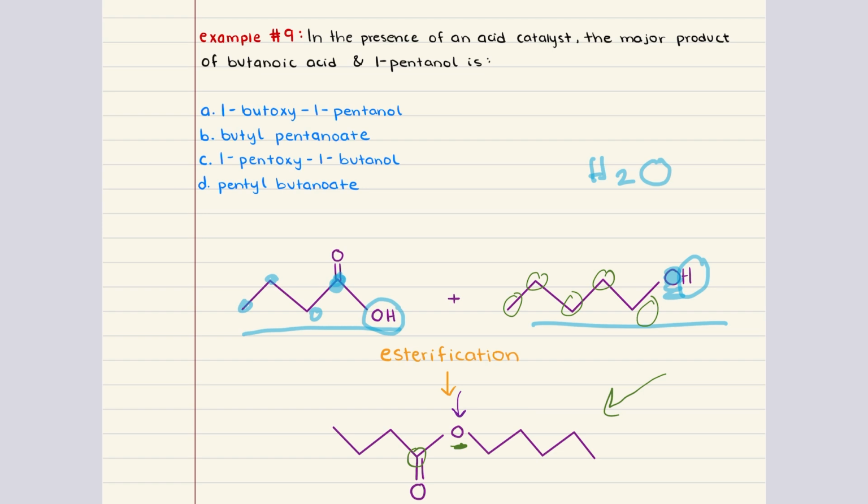So the product will be a molecule where the carbonyl carbon is connected to the butanoate portion, and the oxygen is connected to the pentyl group. This matches the name pentyl butanoate. The correct answer here is D.